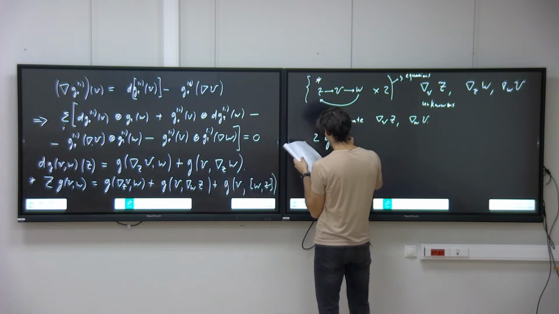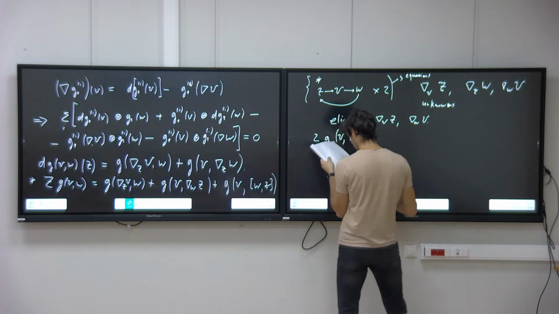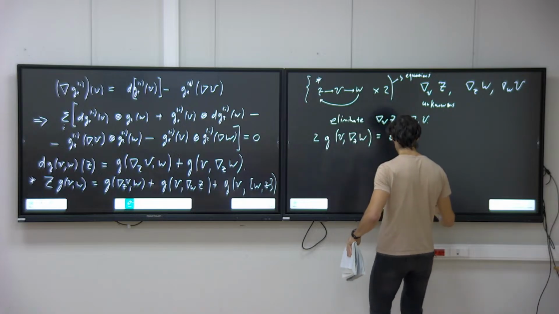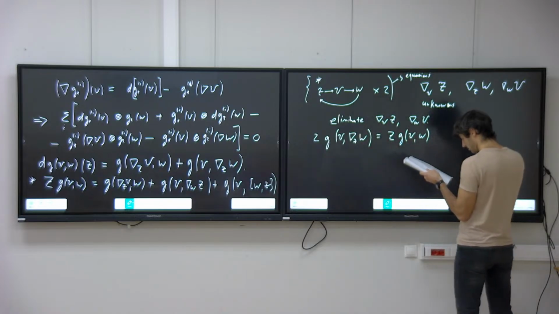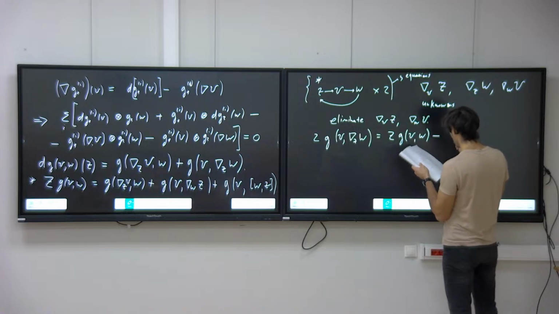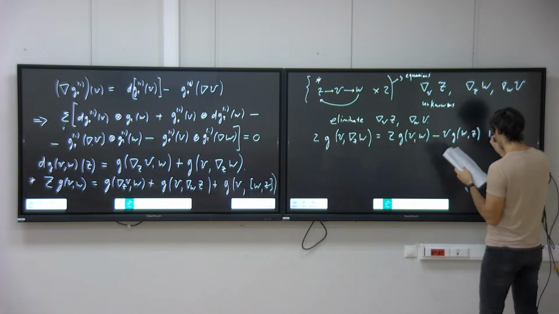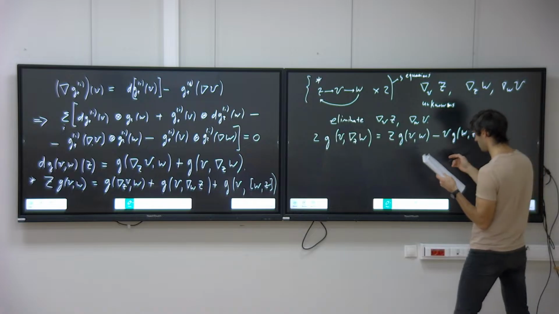relation. 2g of v nabla zw equals z applied to g of vw, minus v applied to g of wz, plus all cyclic permutations, well, with signs.